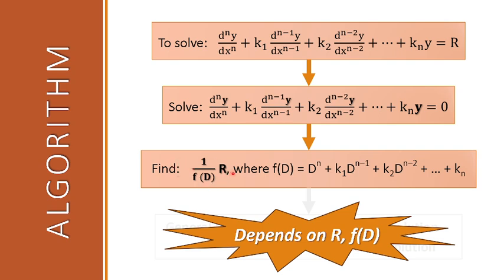The division of r by f(D) depends on what our r is and what our f(D) is. We will find more about this in the next videos, but this is how we find the PI as a particular solution.